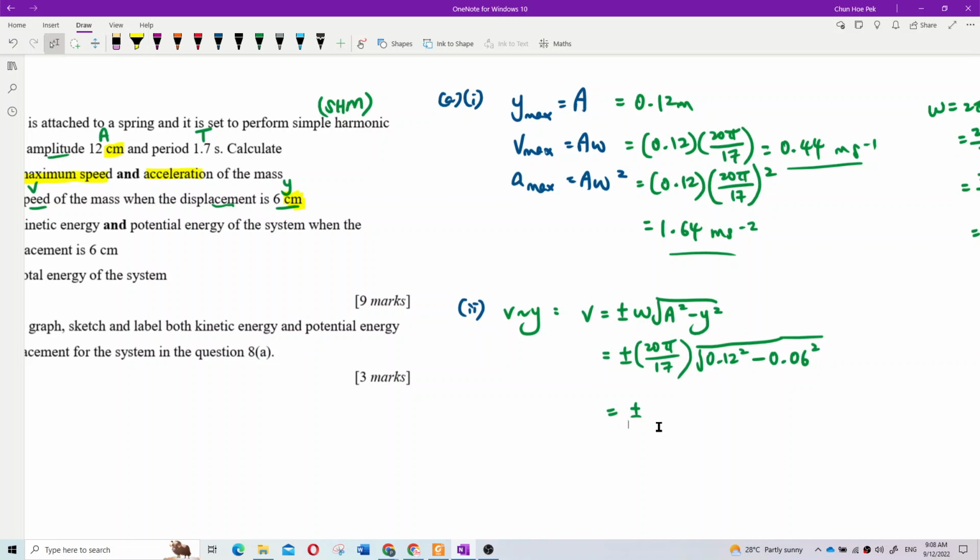So the answer is 0.384 meter per second. That's the answer, 0.384.